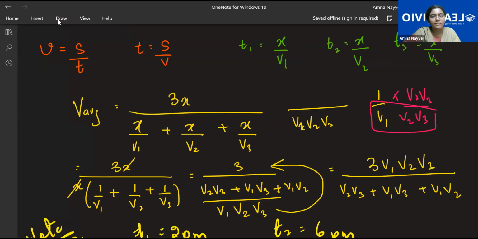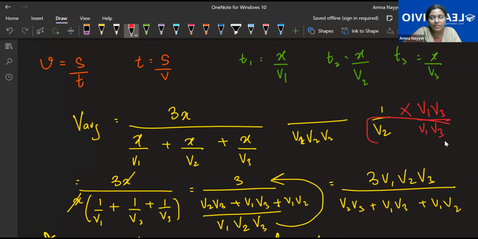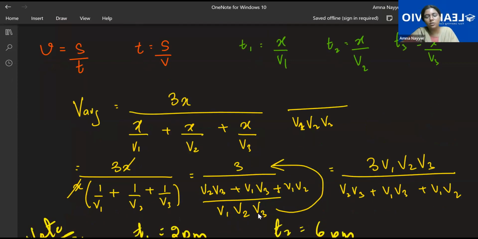Or if I have, let's say, 1 by v2, and I multiply it by v1 v3 divided by v1 v3, look, I'm getting v1 v2 v3 back. So that is making the denominator. That's why I'm adding v1 v3 in the numerator. Now, when I have v3, I'm multiplying it with v1 v2 so that I get the common denominator.